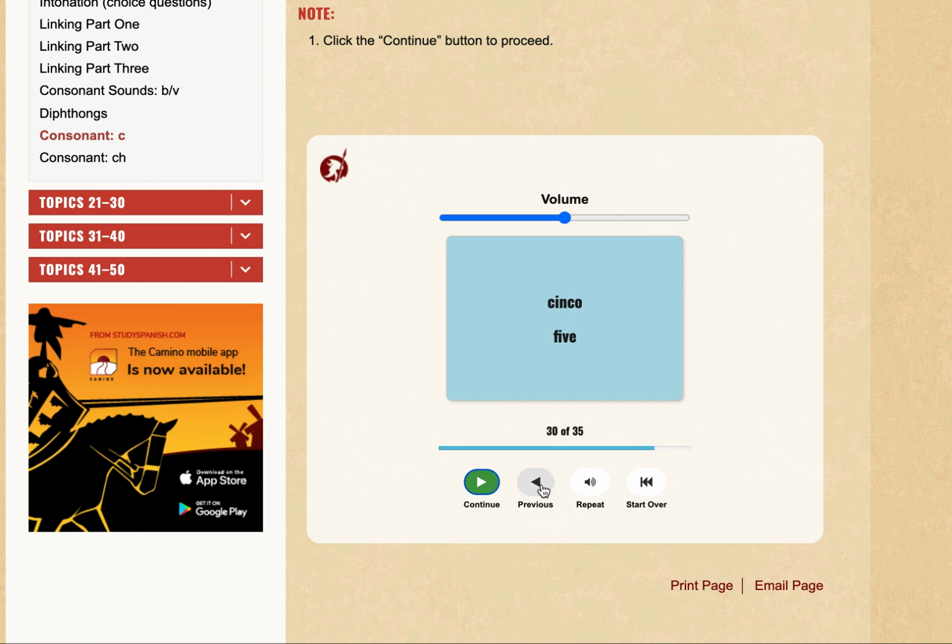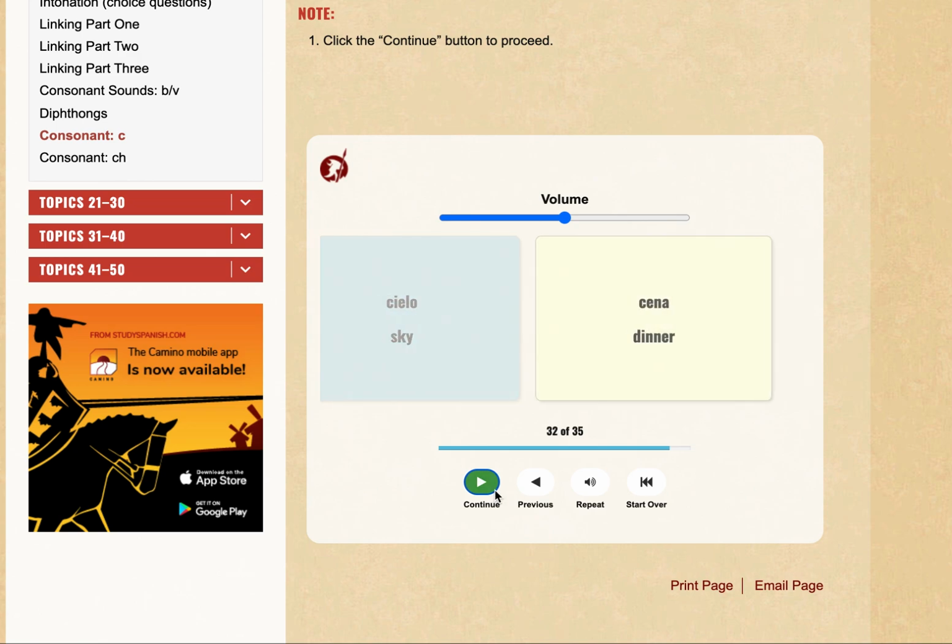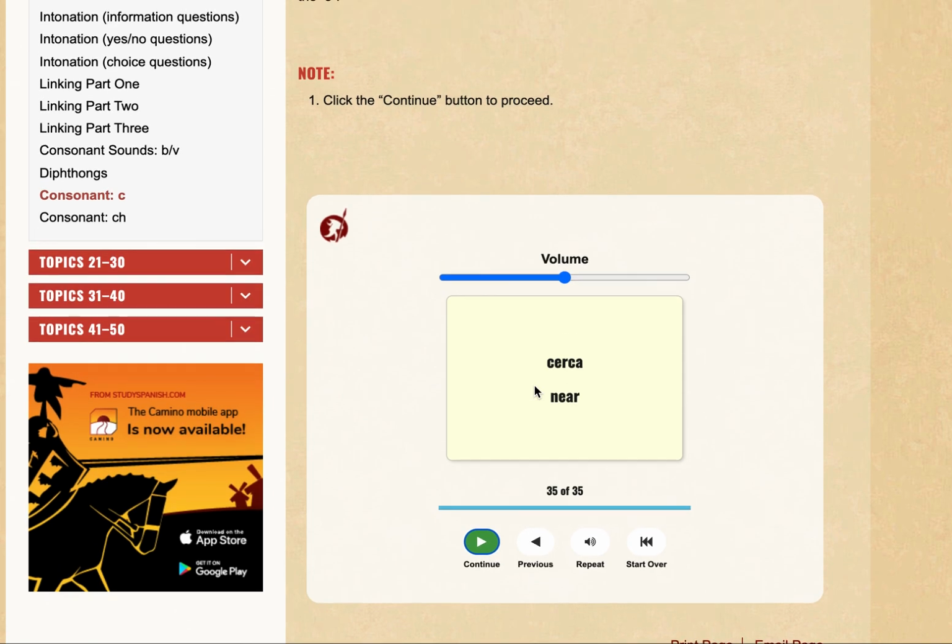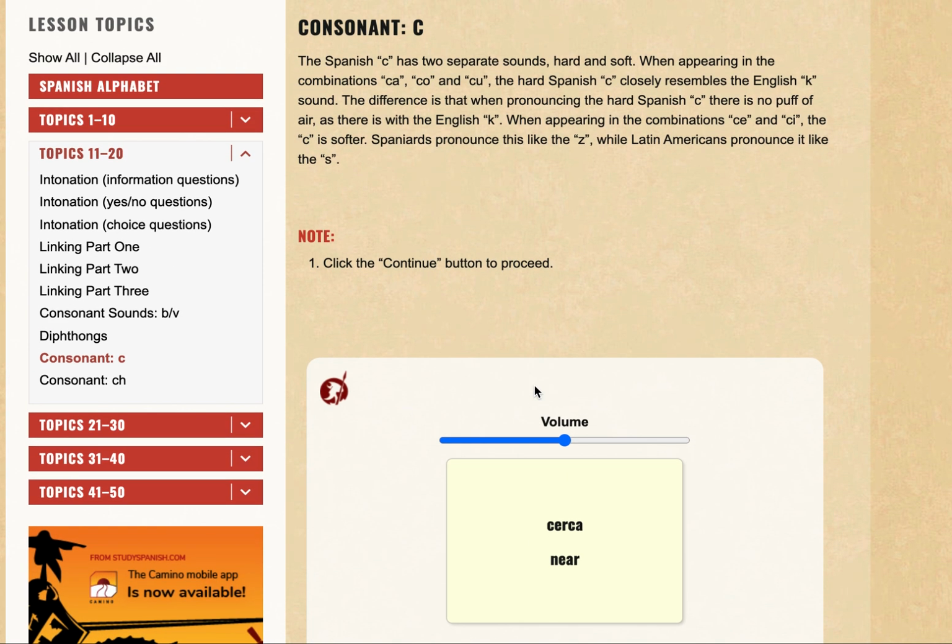Cinco, cereza, cielo, cena, ciudad, cerca. Near. Yeah, so Spaniards pronounce like a Z, Latin Americans pronounce like an S.